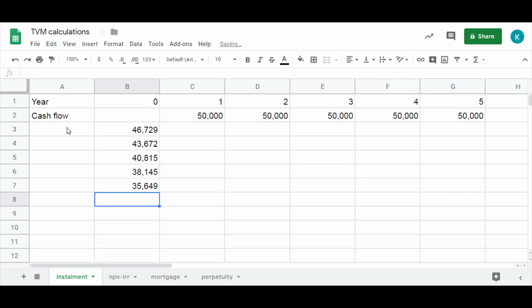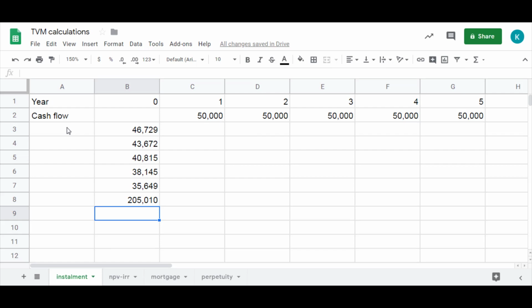And if we sum them all up, we get the present value of all these 5 cash flows, and that's 205,010 baht. That's how much you got from the bank, and to repay the bank in full, you need to pay them 50,000 baht per year for the next 5 years, and that will be equivalent to the 205,000 baht they give you today.